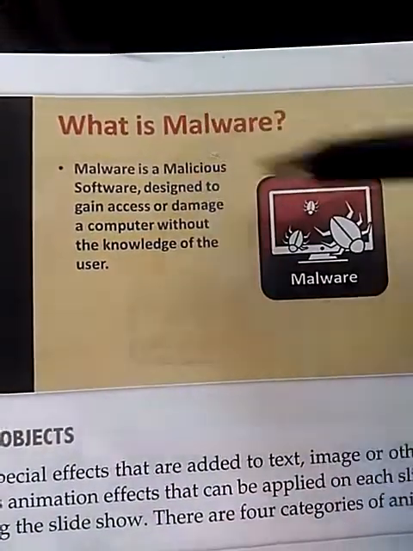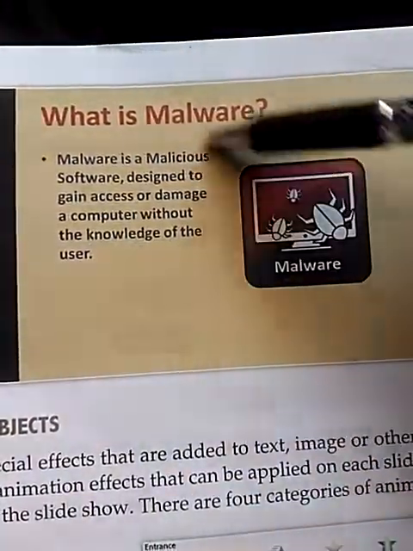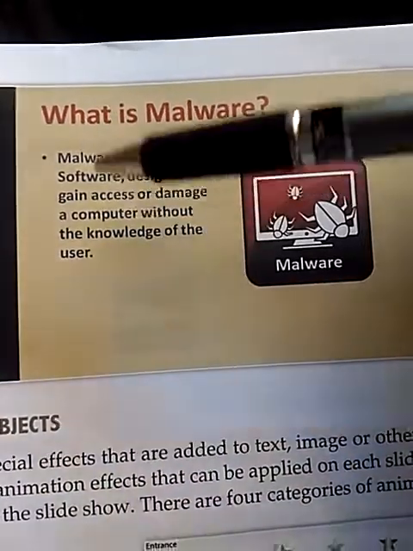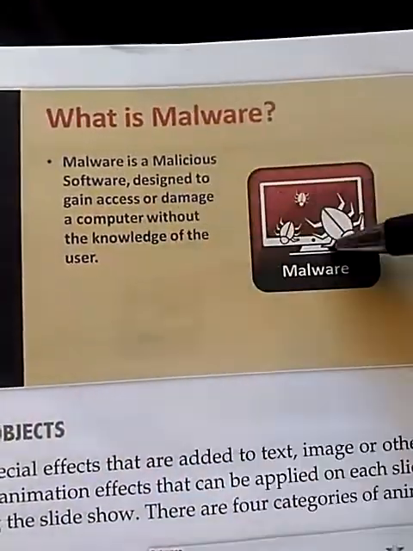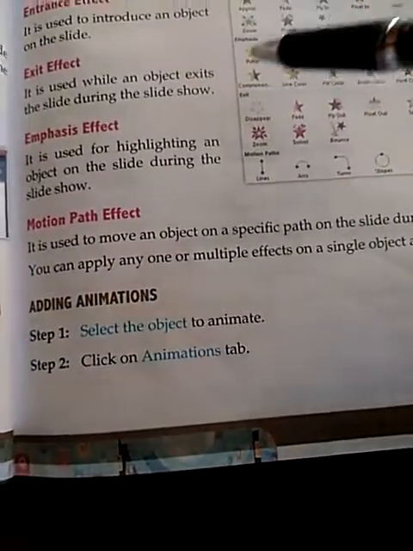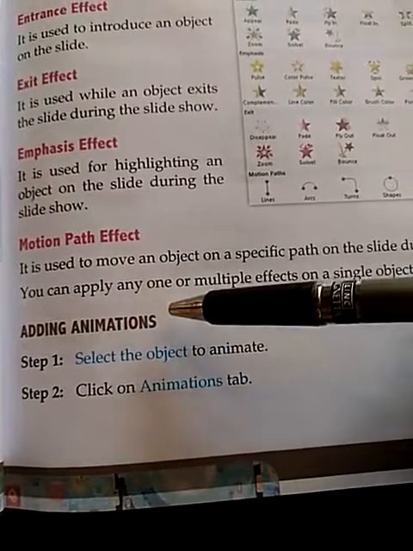Suppose you want to animate this image, then click on this. If you want to animate this text, then click on this. Means first click on the object which you want to animate, by clicking with the mouse. You can select the object.